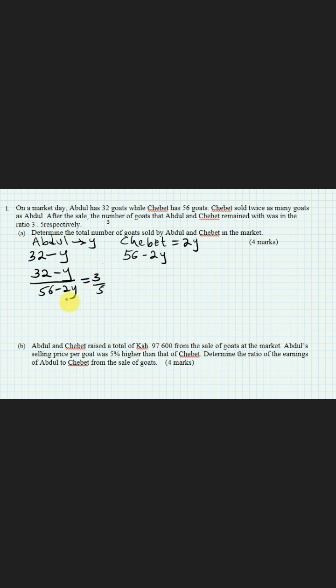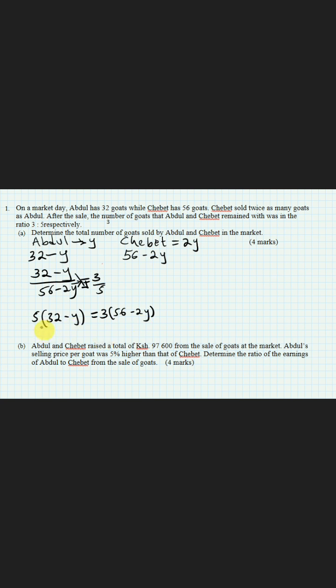So the next thing that we need to do, we need to cross multiply. So we'll have 5 times 32 minus Y, which should be equal to 3 times 56 minus 2Y.